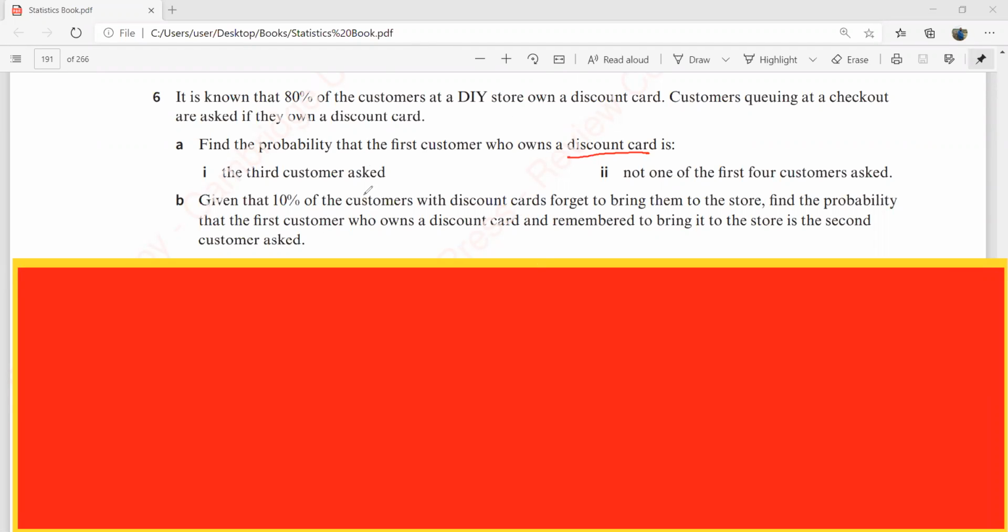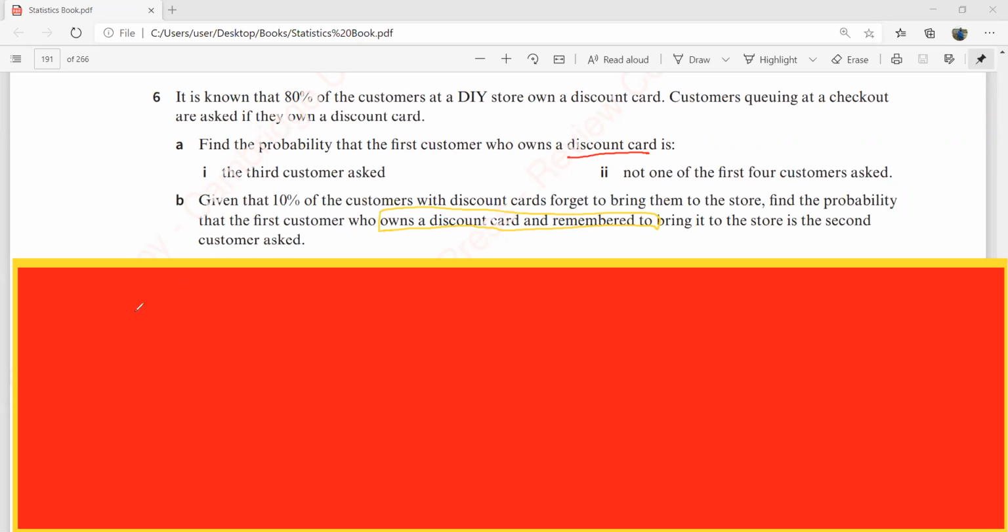Now it says, given that 10% of the customers with the discount cards forget to bring them to the store. Okay, find the probability that the first customer who owns a discount card and remembered. This is what we have to focus on. So let's find the probability that a person owns a discount card and remembers it.